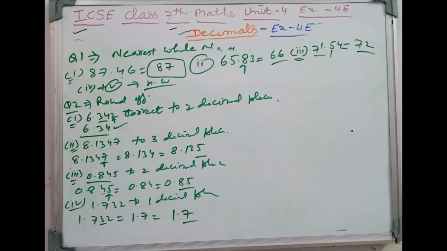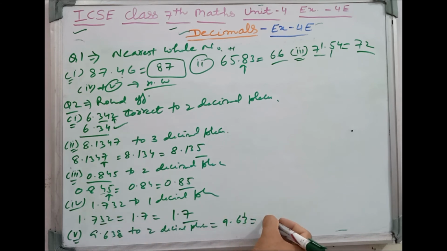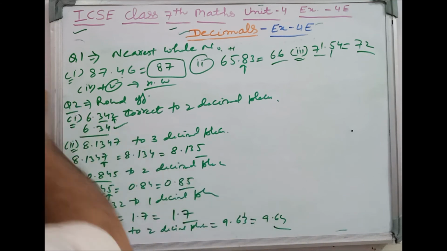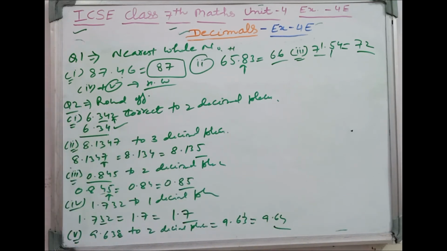Right, students? Question number 5, 9.638 to 2 decimal places. So 9.63. See, 8 is more than 5, so 1 will be added to it, 9.64. Right?